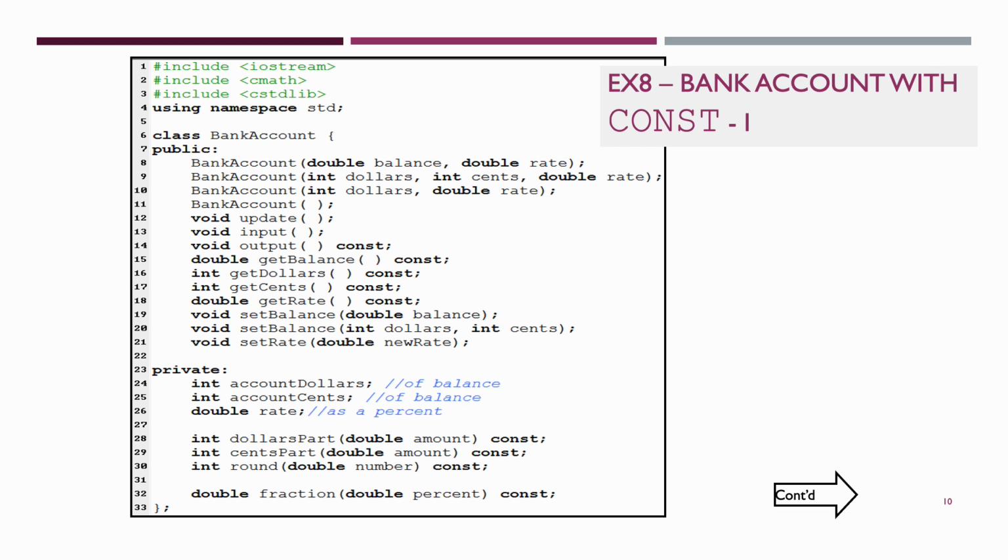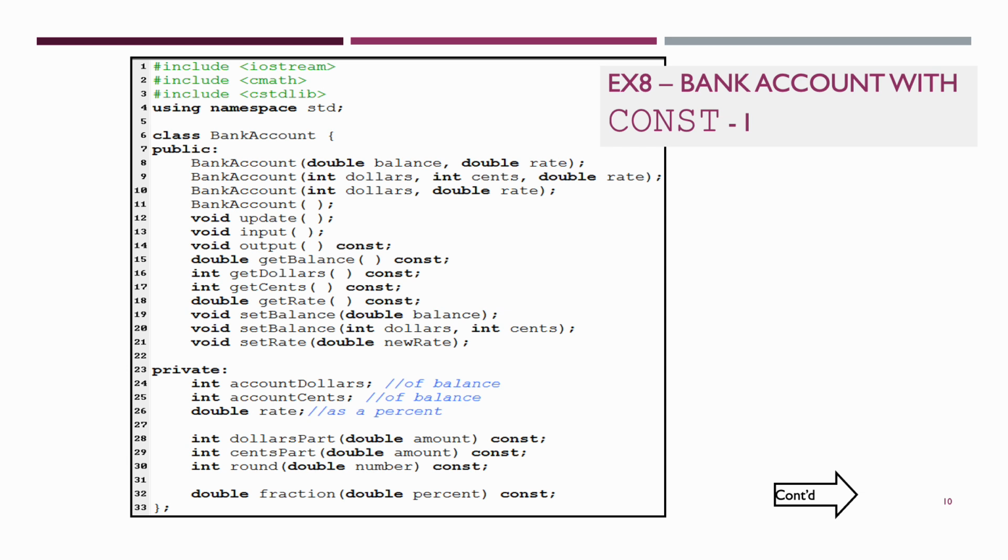So here, if we see the constructors, the bank account class provides multiple constructors for initializing an account in different ways. First we have bank account double balance, double rate, which initializes the account using a balance in dollars as a double and a rate. Then we have bank account integer dollars, integer cents, double rate.